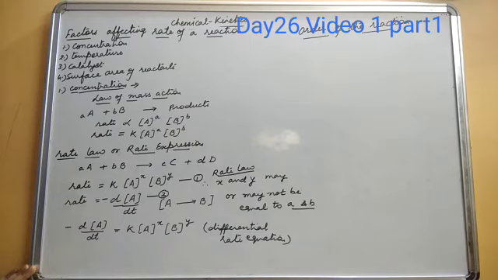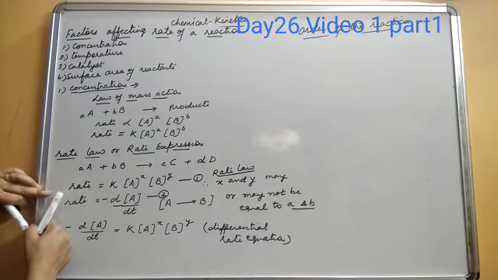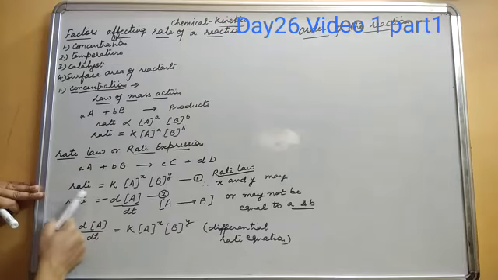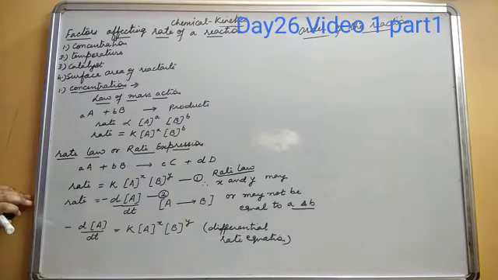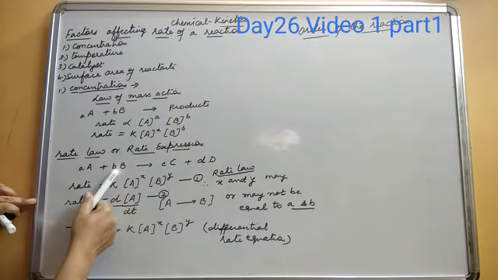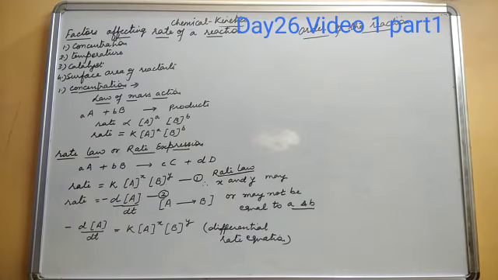According to the expression we have done, rate law is the rate of any reaction that is directly proportional to the product of concentrations of reactants raised to some power which may or may not be equal to the stoichiometric constants or molar concentrations from the balanced chemical equation. This is known as rate law or rate expression. Now, order of the reaction.